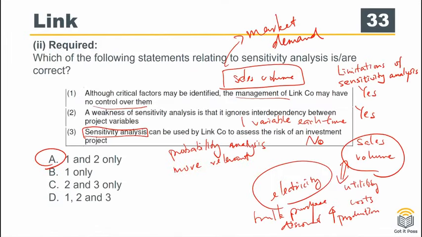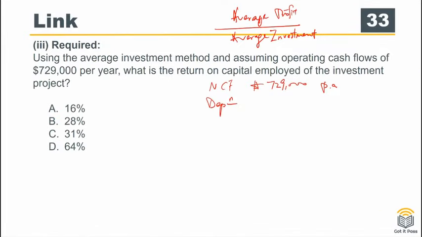So the annual depreciation will be 1.8 million divided by 4, which is 450,000. So the profit for every year in the projection period is 279,000.